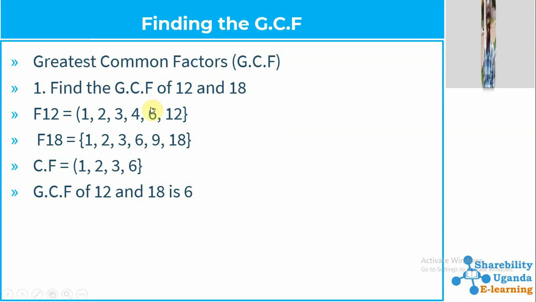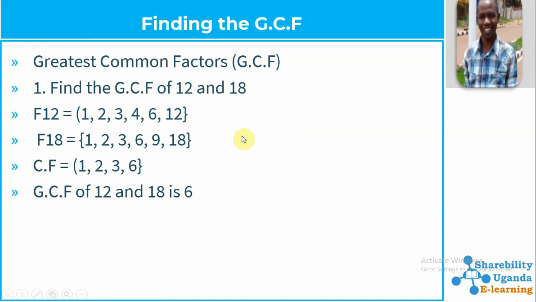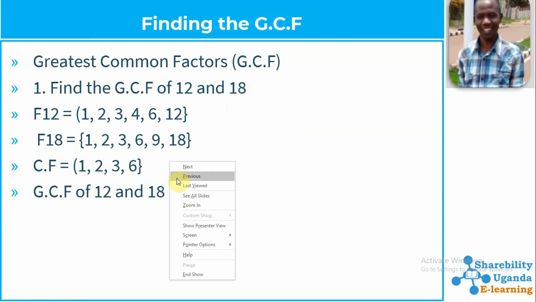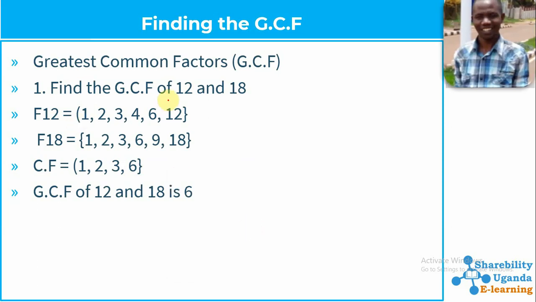Okay, so we have our number here. They are saying find the greatest common factor, we call it GCF, of 12 and 18. So this simply means that we should first look out for the factors of 12 and 18.